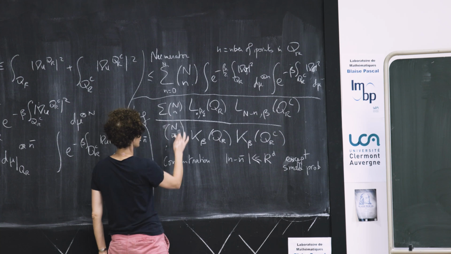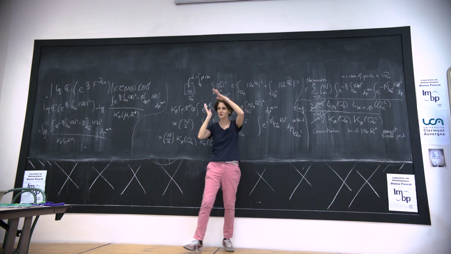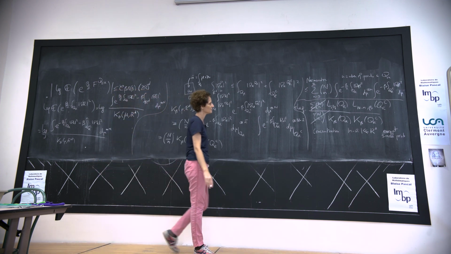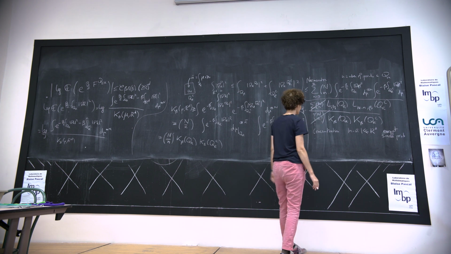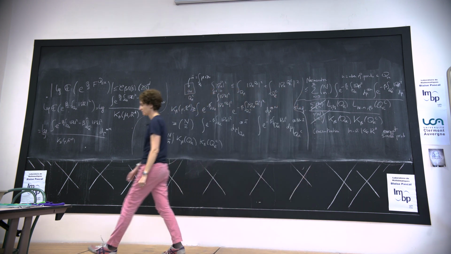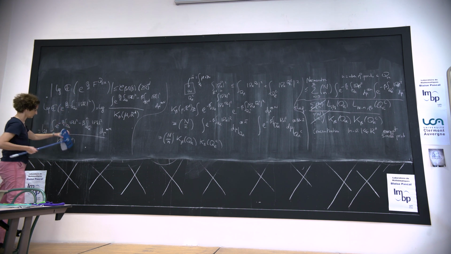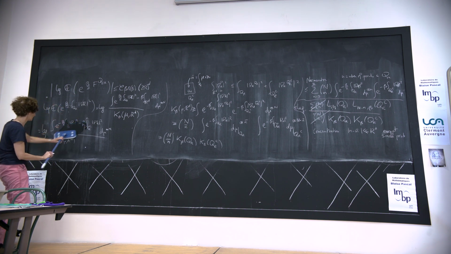I can just replace it by the same combinatorial factor, and so I can formally cancel out numerator and denominator. And then we find ourselves with a very simple sum of logs. And we're almost done.